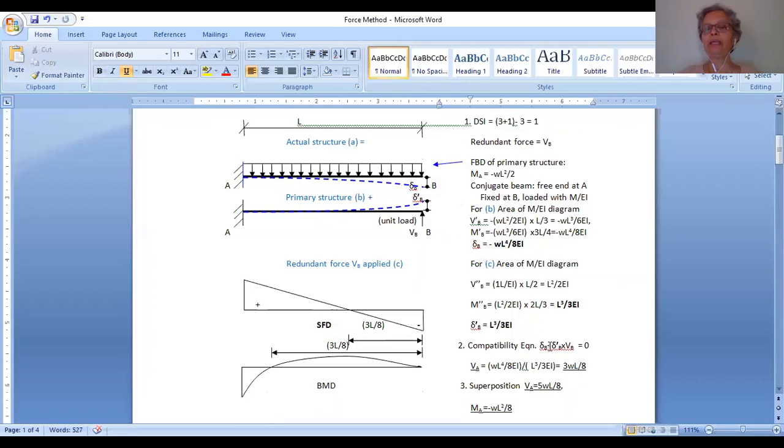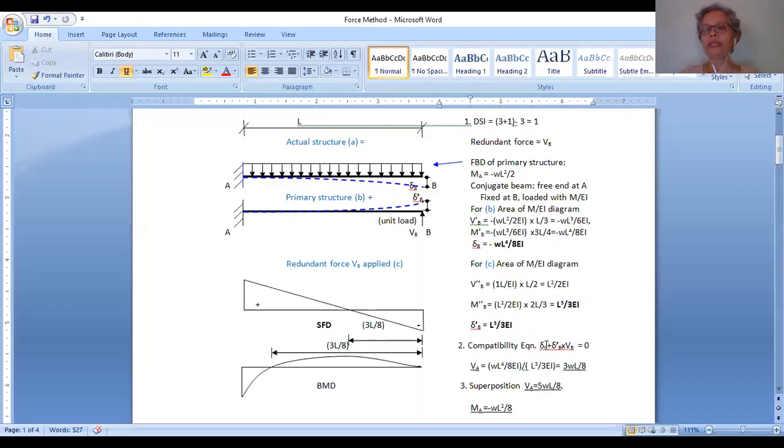Now we have to use the compatibility equation, because we have to make the deflection 0. So delta B plus delta B dash into actual VB. So don't confuse with V double dash B. V dash and V double dash, M double dash, they are the values for conjugate beam only. For our real structure, VB is the real reaction.